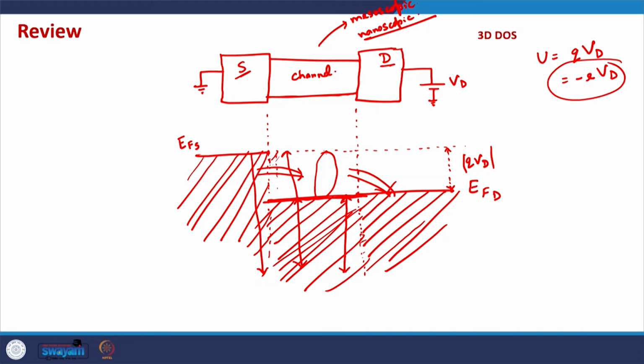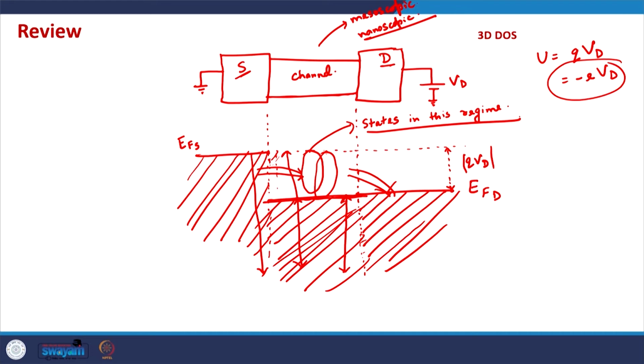So that is why the number of states in channel in this region is extremely important. Electronic states in this regime is extremely important.